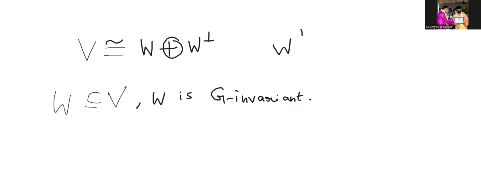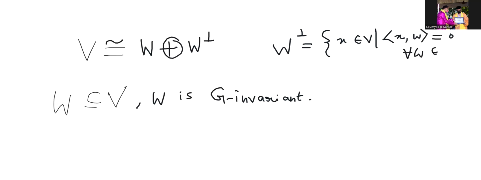W perpendicular means I have to look at all x in V such that the inner product of x comma w is 0 for all w in W. That means I'm looking at the perpendicular space of W. So since you have this G invariant geometric structure, this V will be split into the direction of W and W perpendicular.